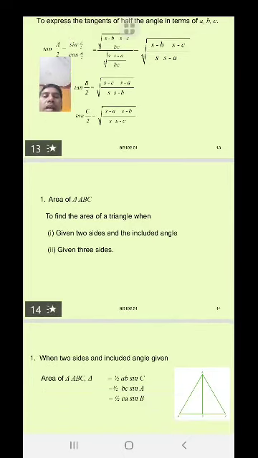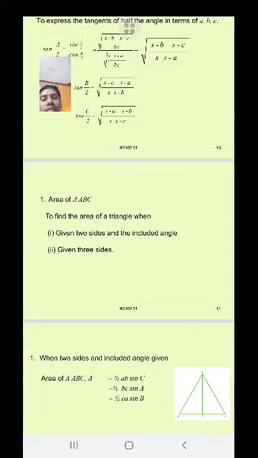Next, up to now we observed how to express the half angles of sine, cos and tan. Now let us see the area of triangle ABC. To find the area of a triangle, there are two conditions: first, when given two sides and the included angle, and second, when given three sides.